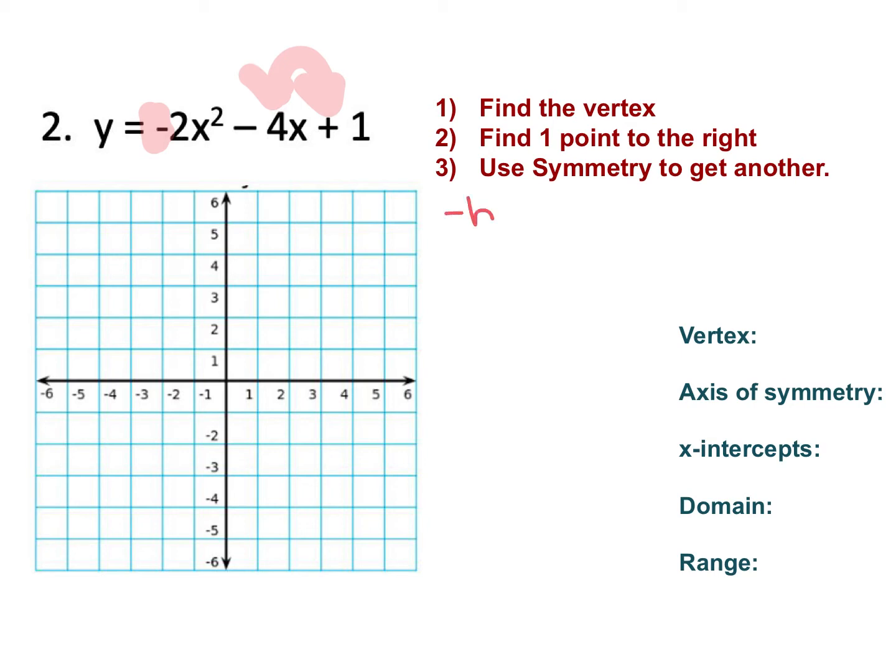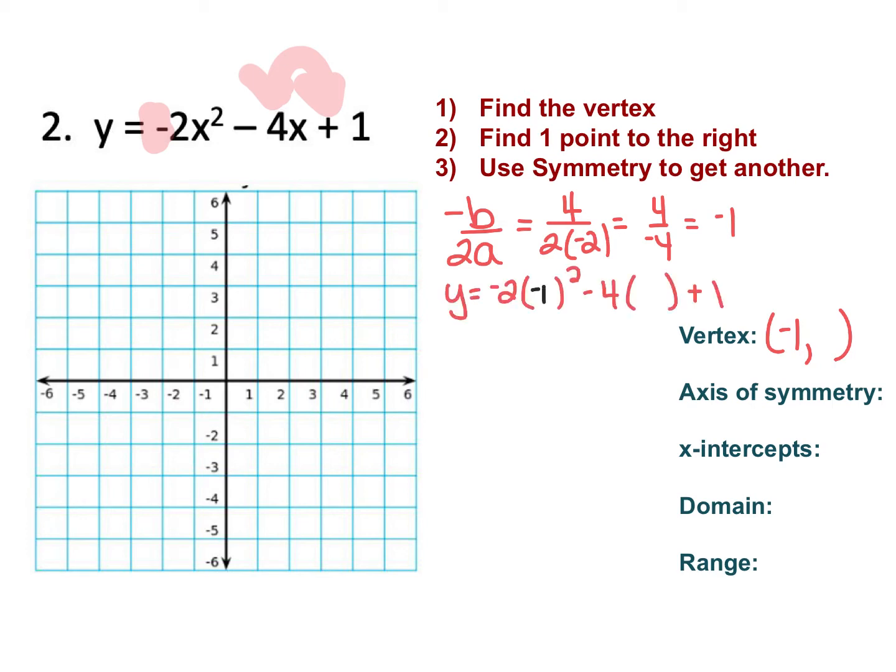So you're going to do -b/2a, which would be -4/(2 times -2), which is -4/-4, which equals 1... so the x-coordinate of my vertex is -1. Now how do I get my y? Well, I have to plug that into my function. Everywhere there is an x, I'm going to replace that with -1, and I get y is 3. So the vertex is going to occur at the point (-1, 3).